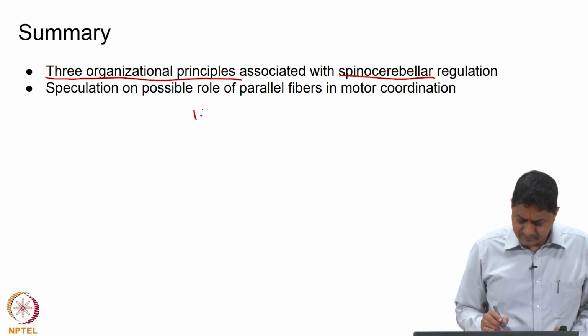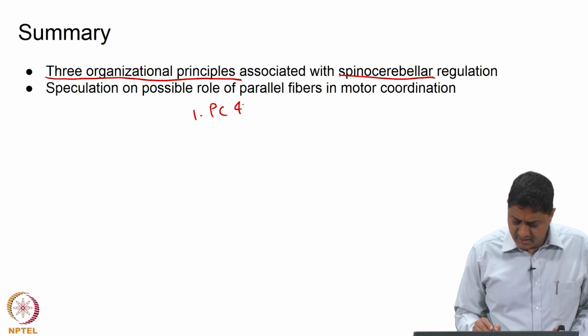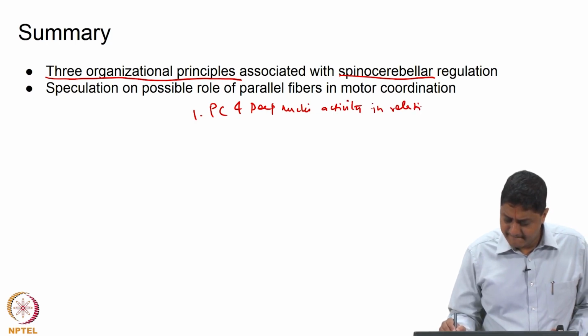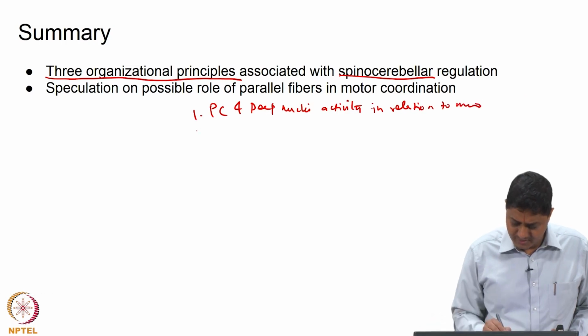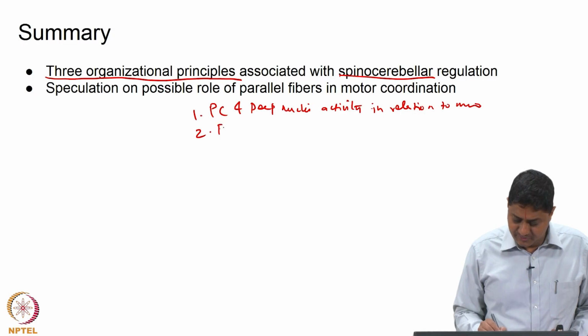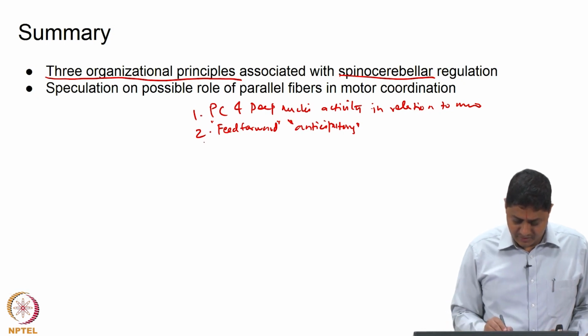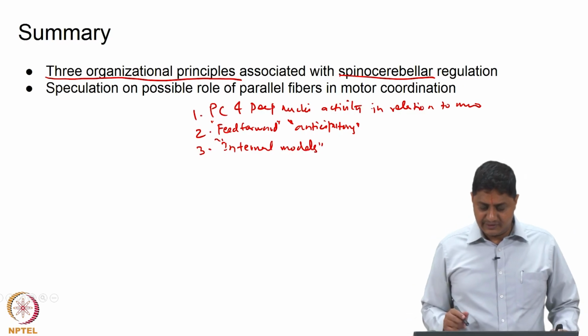These are that there is Purkinje cell and deep nuclei activity in relation to movement, and there is anticipatory or feed forward activity in the cerebellum, and then, probably and more controversially, there are so called internal models that are believed to encode dynamics of movements.